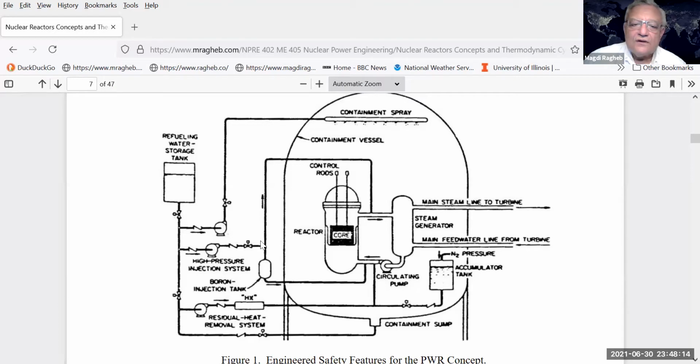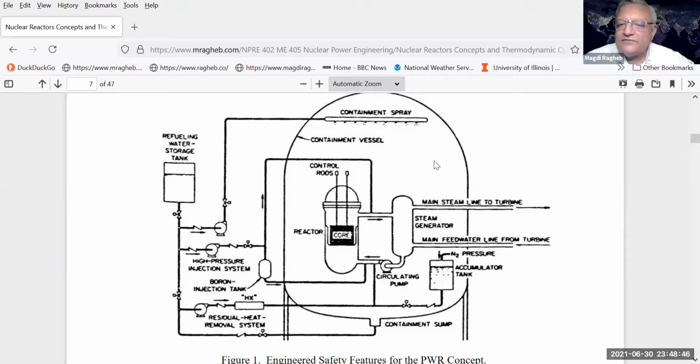In case the pump fails, say from an earthquake, or there is a leakage in some of the piping, the coolant that goes through the reactor pours through to a steam generator, where steam is being produced. In that case, once the pressure is decreased below 20 atmospheres, you'll find that that nitrogen pressure automatically injects its water into the core to cool it.